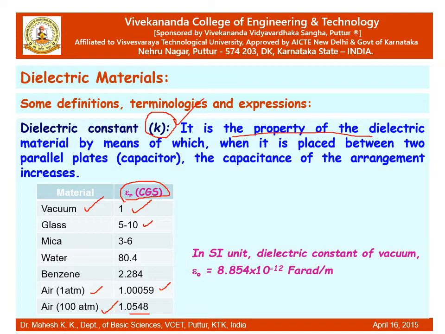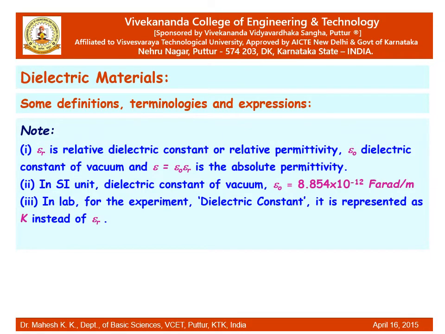Now there is the dielectric constant of vacuum. If epsilon r is 1, what is it? The permittivity of vacuum, which is represented as epsilon naught, is nothing but 8.854 into 10 to the power minus 12 Farad per meter. So I am making this clear regarding the dielectric constant.